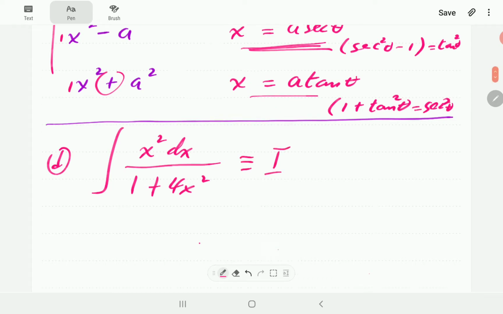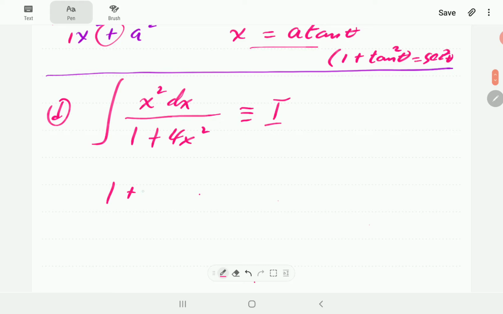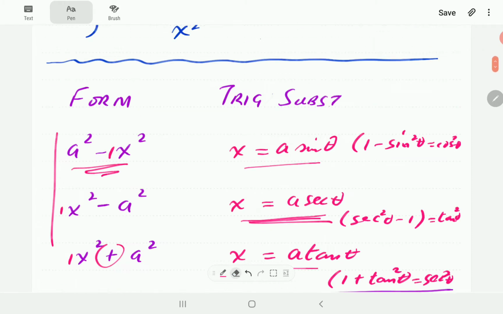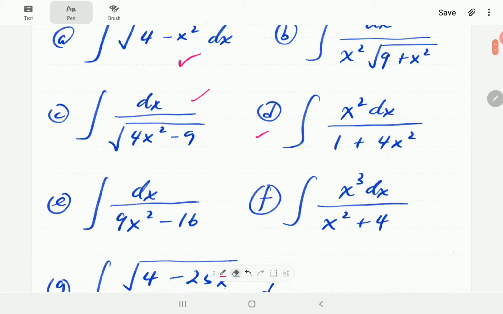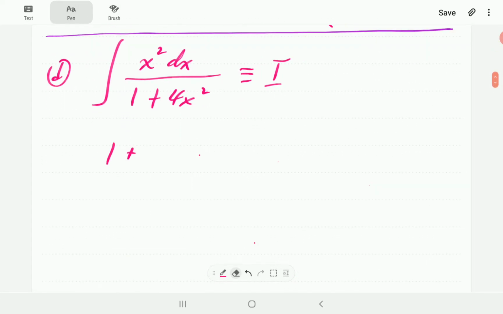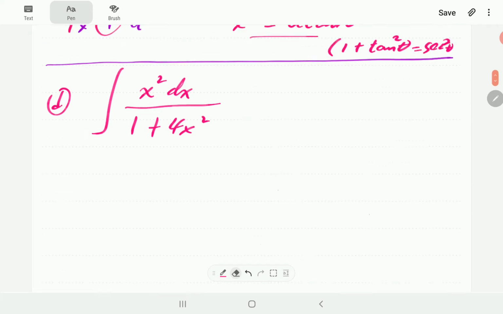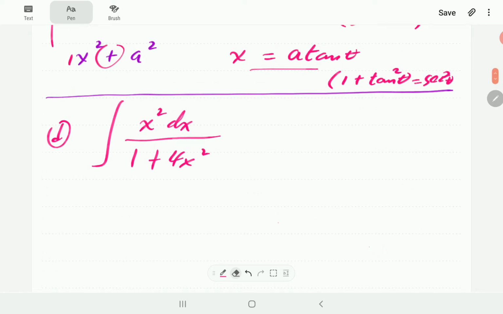So let's call this I. However, we have a similar problem to part C, in that the coefficient of the x squared is not 1 or plus or minus 1. So again we're going to have to factor out the 4. So maybe that's what we're going to start with.